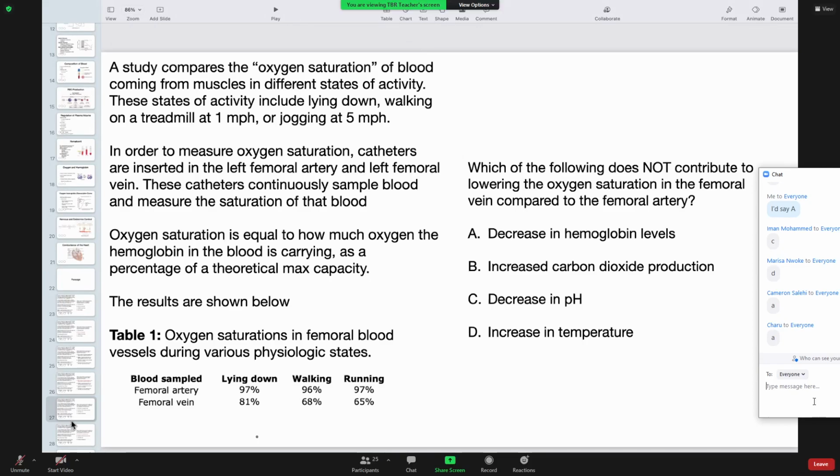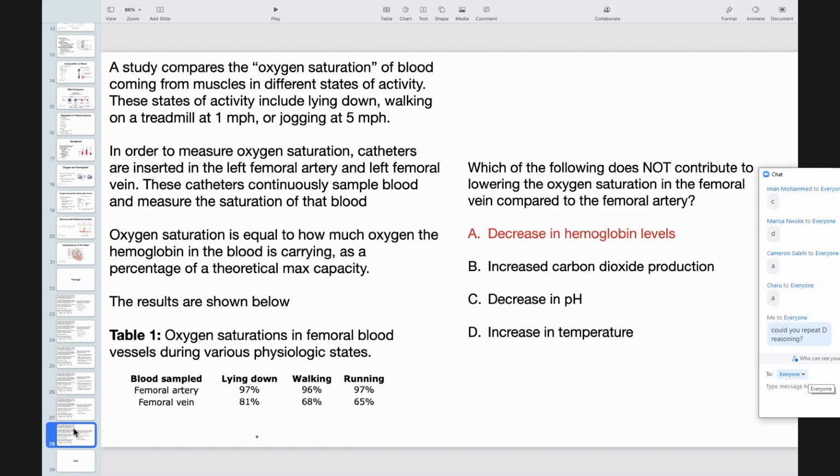So why is it A? Because from femoral artery to the vein, there is no decrease in hemoglobin levels. Hemoglobin levels are always the same, as long as your red blood cell count remains the same. What differs between artery and vein is whether that hemoglobin is bound to oxygen or not.